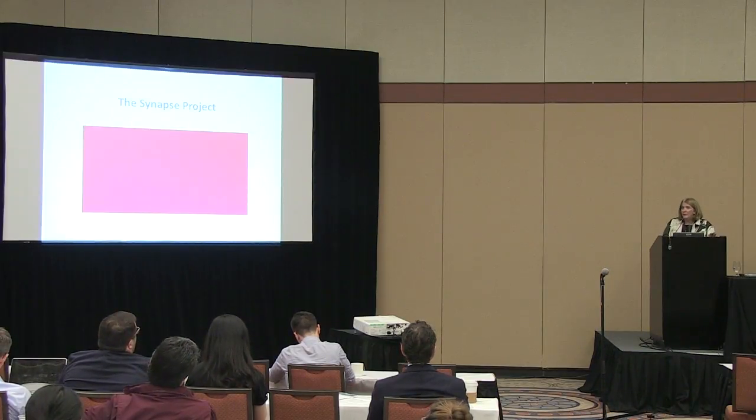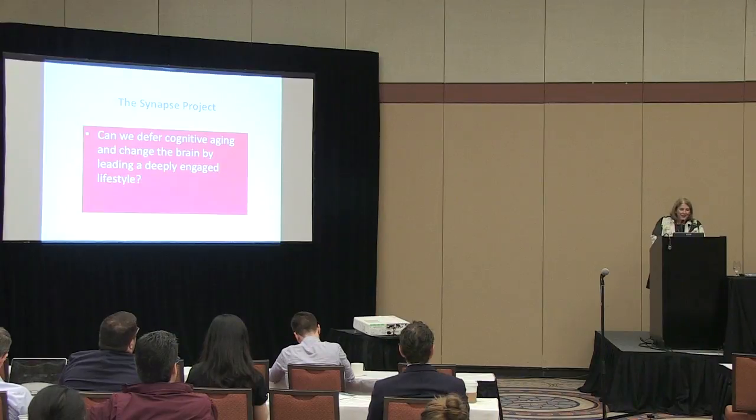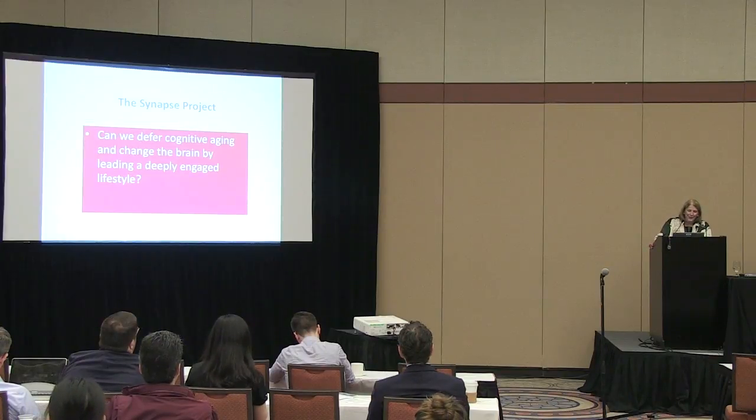So I'm going to talk to you about my biggest and latest intervention project. I called it the Synapse Project. This was a study I've wanted to do my whole life since I've been a cognitive aging researcher, which has been my whole life. So the question is, can we defer cognitive aging and change the brain by leading a deeply engaged lifestyle?